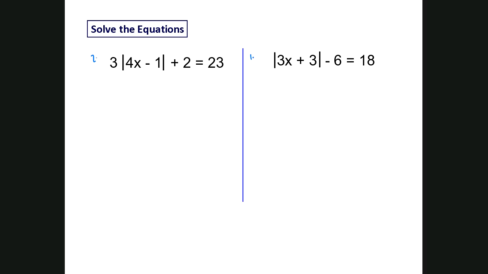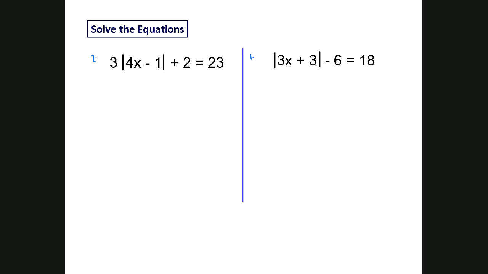Okay, so we have the absolute value of 3x plus 3, minus 6, equals 18. The very first step when solving equations with absolute values, the step most people made the mistake on, is that you want to isolate the absolute value.